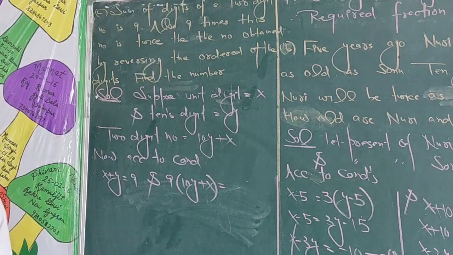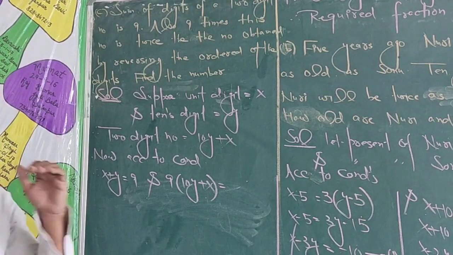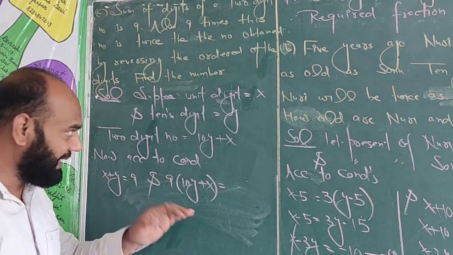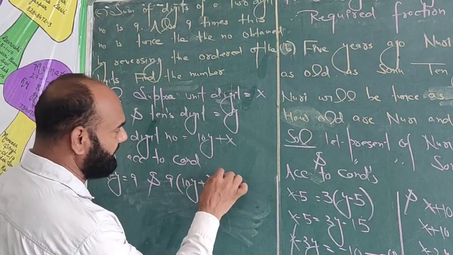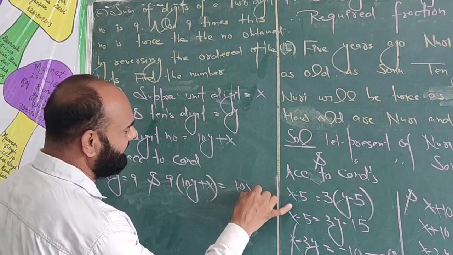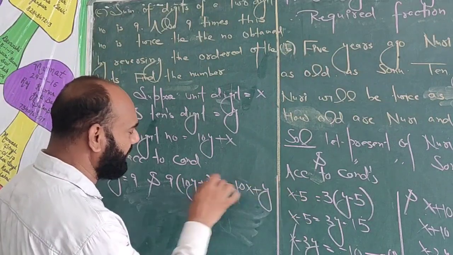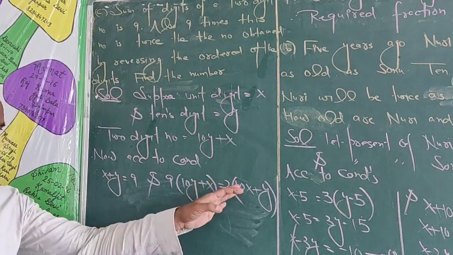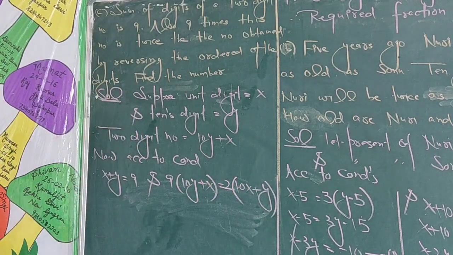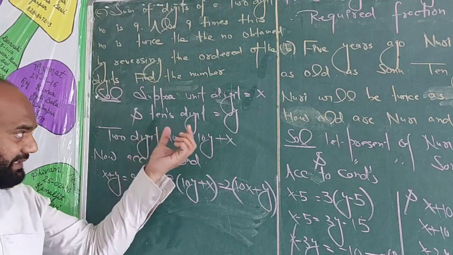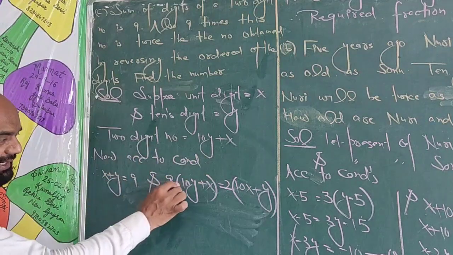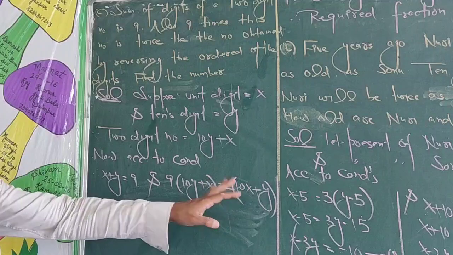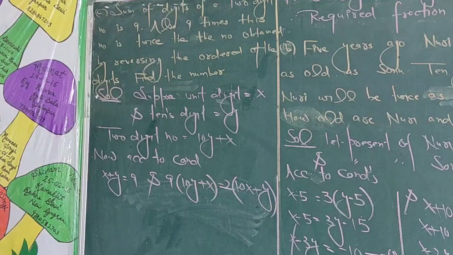Reversing the order of the digits means we interchange x and y. So this number is 10x plus y. According to the condition, 9 times this number is equal to twice the number obtained by reversing the order of the digits. So we have 9 times (10y plus x) is equal to 2 times (10x plus y).